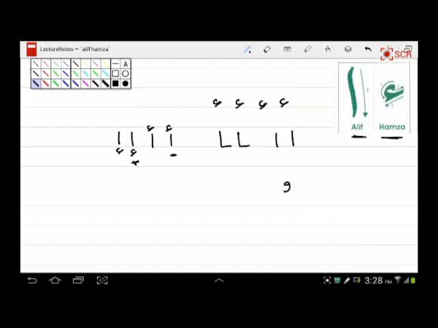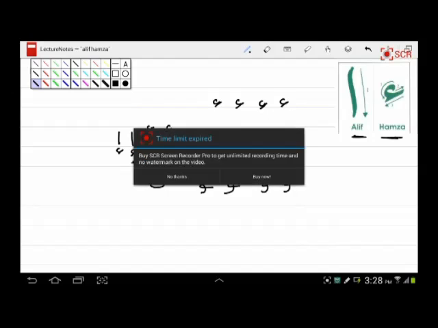Now about the waw. Here's the waw, and on top of it the hamza. If I want to connect that, it doesn't really matter that much. Now about the ya, just like this, ya, and on top of it the hamza. One more time.